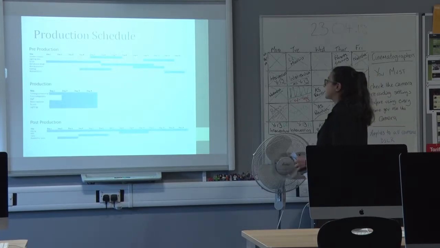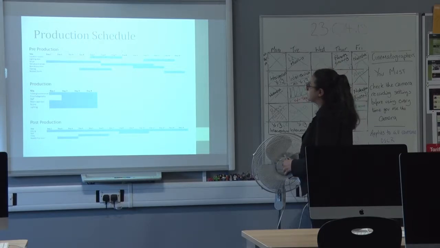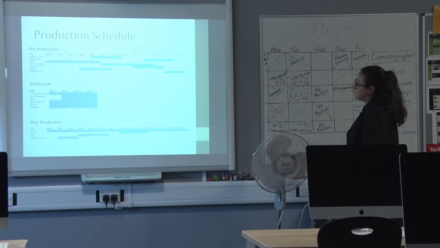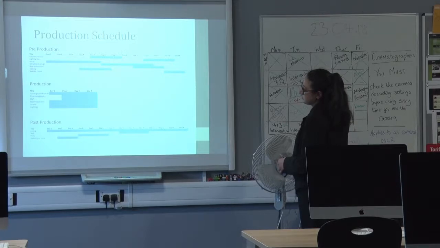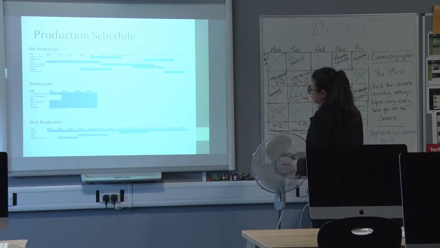So for my production schedule, I said that for pre-production, I will have 13 days to do the paperwork, as script and storyboard and casting will take a long time. For production, I said that I'll have 4 days, as the paperwork's already done, so the production will be fairly quick, whereas the post-production will last a long time because of editing.